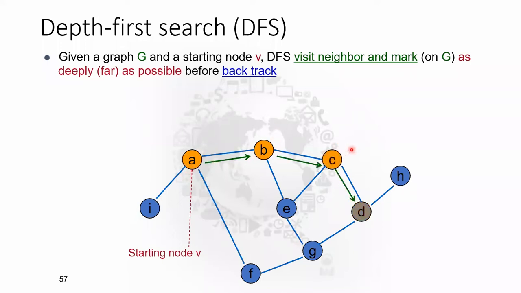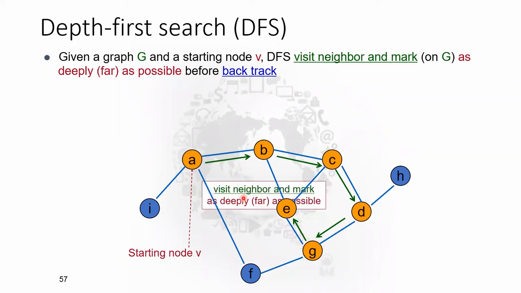Then I go to C, then D and G, and then E. When I reach E, B and C have already been traveled before, so let's say I have recorded that down. I'm not going into B and C anymore, to avoid going into loops infinitely.